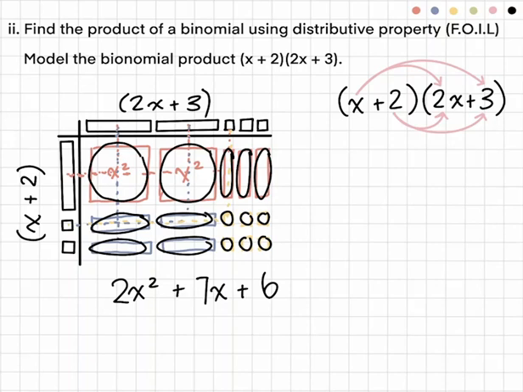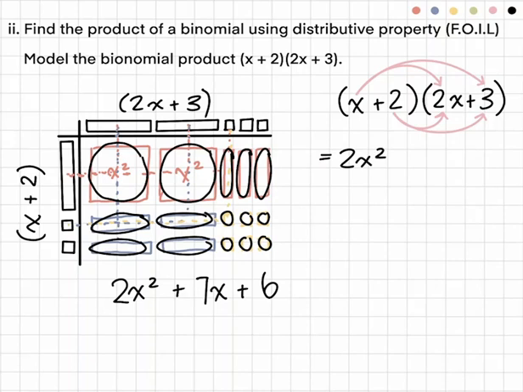So I have x times 2x, which is 2x squared. I'm going to run out of space there. Just erase this. There we go. I'll start down here.